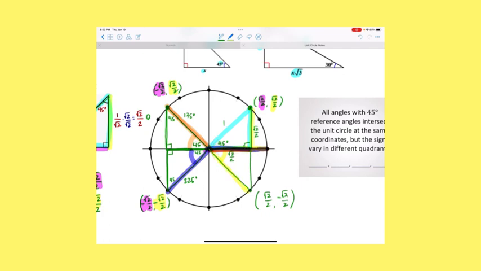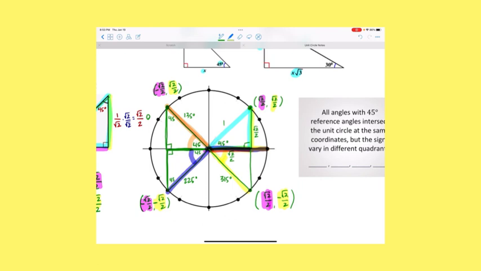So not the full 360, but 45 degrees short of that full 360. So 360 minus that 45 is 315. So this is a 315-degree angle here. And again, what I can see with these coordinates is that the cosine for that 315-degree angle is radical 2 over 2, and the sine for that 315-degree angle is negative radical 2 over 2. Okay, so that one triangle gave us all of this information.